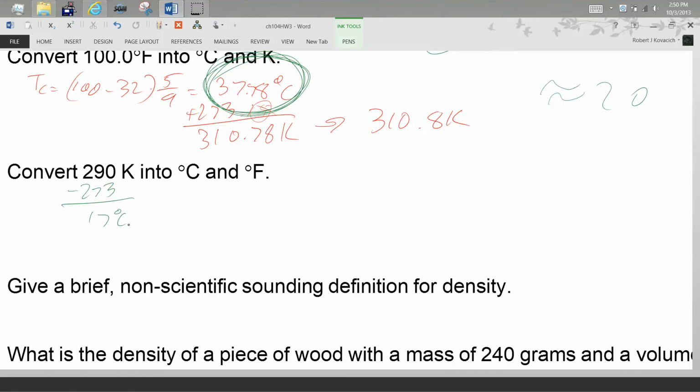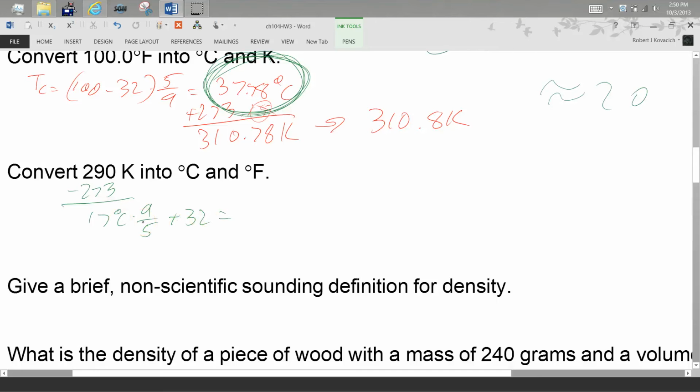Somewhere room temperature, 60 something, mid to high 60s, something like that. All right, so let's make sure that works out that way. So 17, and then I'm going to multiply by 9/5, and then I'm going to add 30. No, I did that backwards, didn't I? Did I do that backwards? No, I didn't do that backwards. Plus 32.